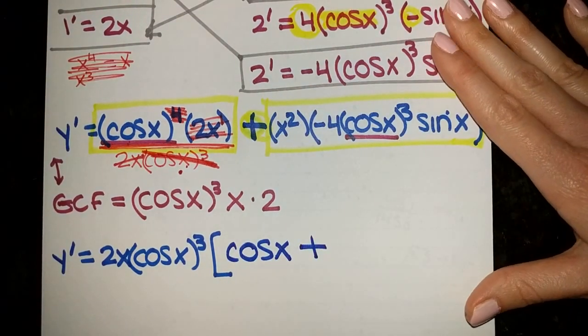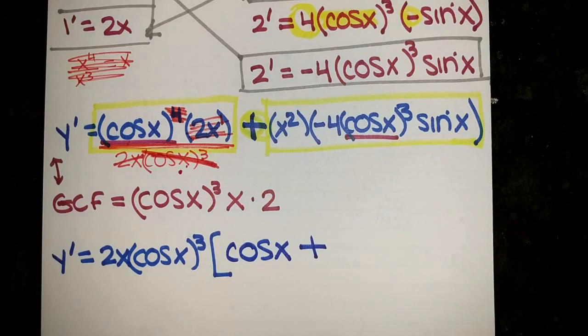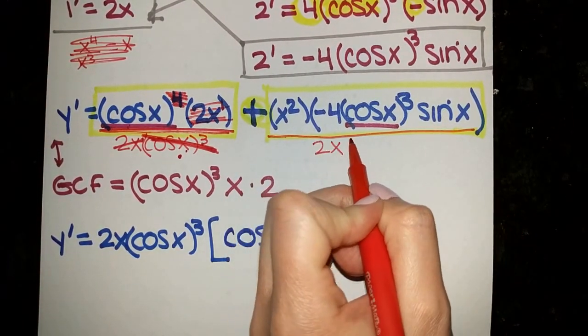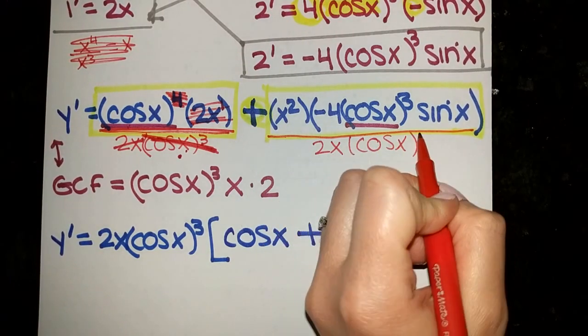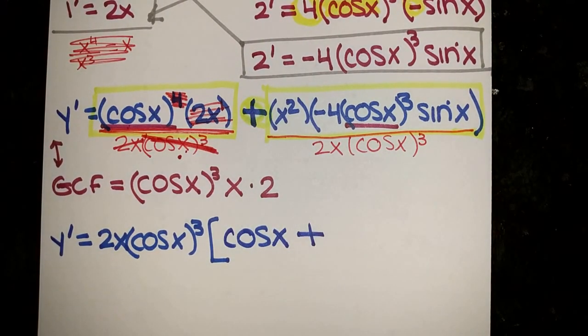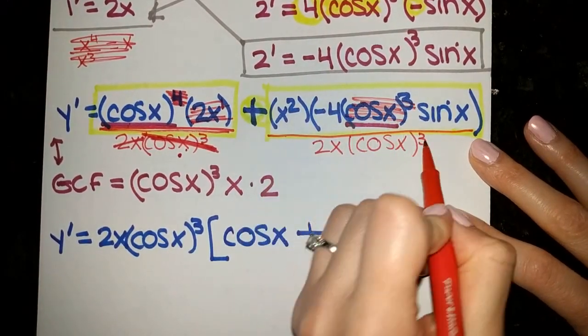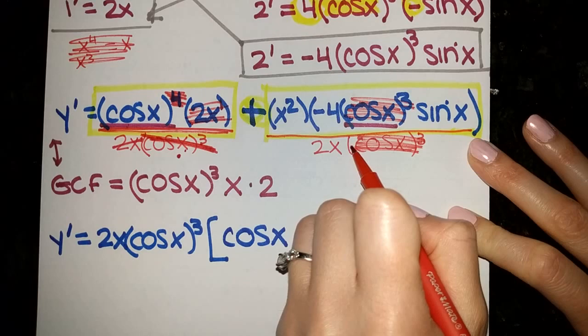Then we have plus. Now, for the second term, we have to do the same little rigmarole. We have to say divided by 2x parentheses cosine x to the third. All right, now let's deal with the easiest part probably first. We see that the cosine x to the third over cosine x to the third is going to cancel.